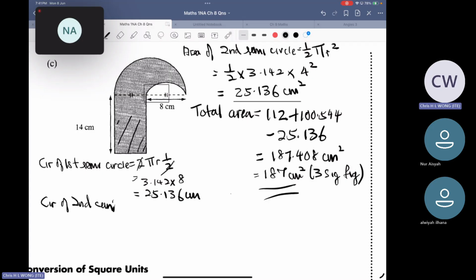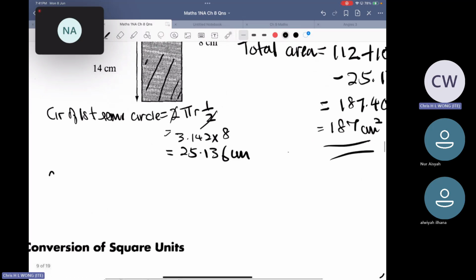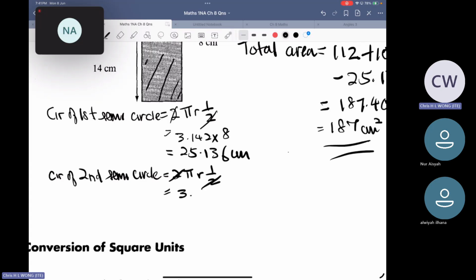Circumference of second semicircle. My writing is terrible. Make it bigger. Circumference of second semicircle equals to same thing, 2 pi r divided by 2. I cancel the 2 away because it's a half. 3.142 times 4, right?